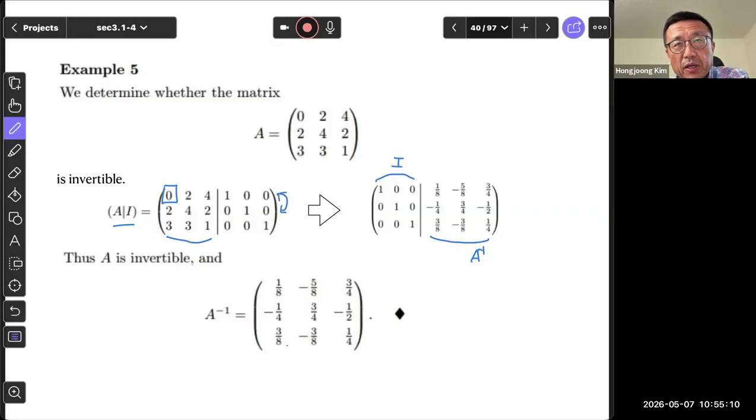Suppose I exchange the first row and the second row, then your matrix becomes 2, 4, 2, and 0, 1, 0. Since I'm exchanging the first and second rows, the first row goes down, so 0, 2, 4, 1, 0, 0. And the third row is unchanged.